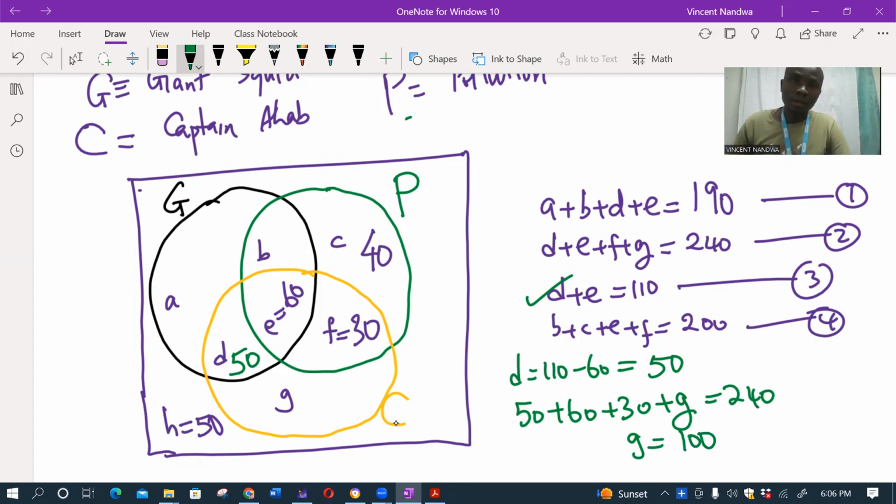So we fill here by 100. And then we have used this one here, so B, C, this information is given. Now we need to get A, B, D, and E.